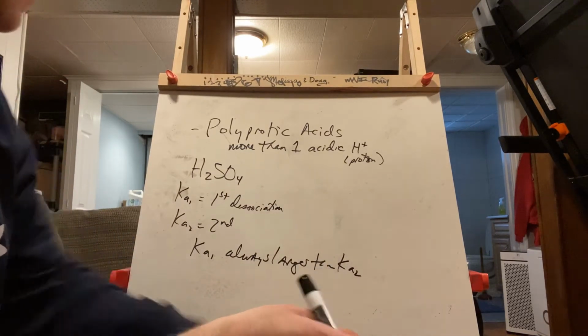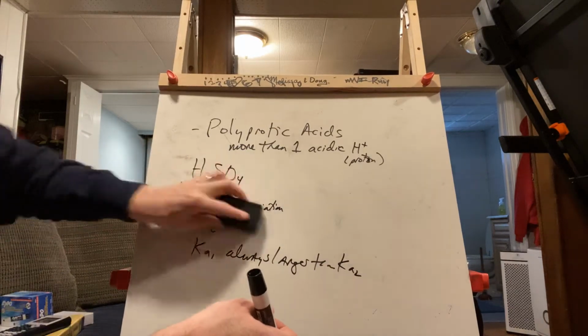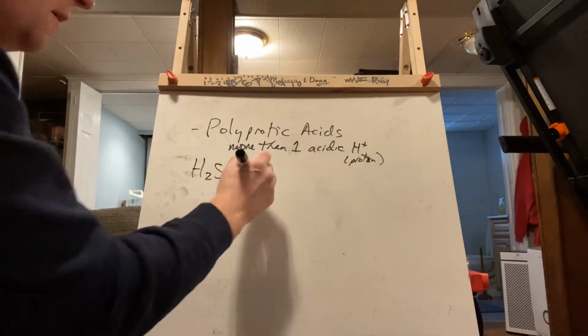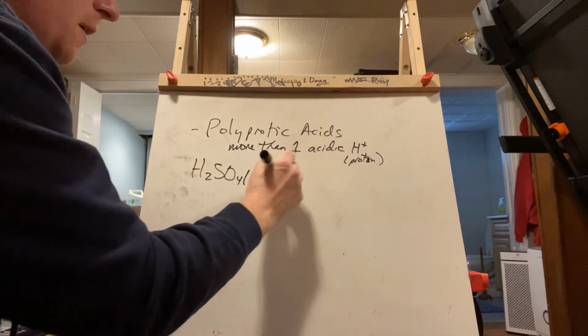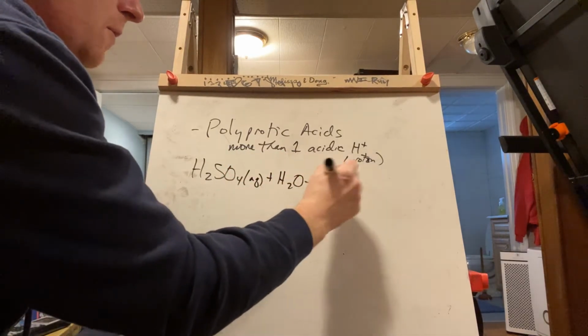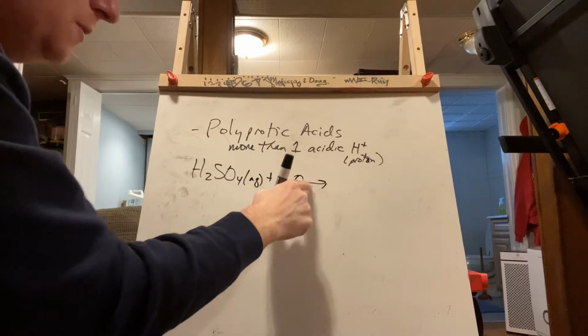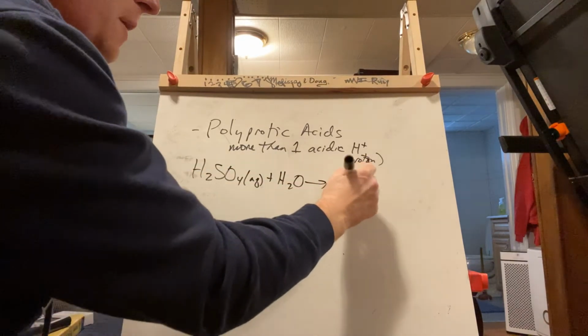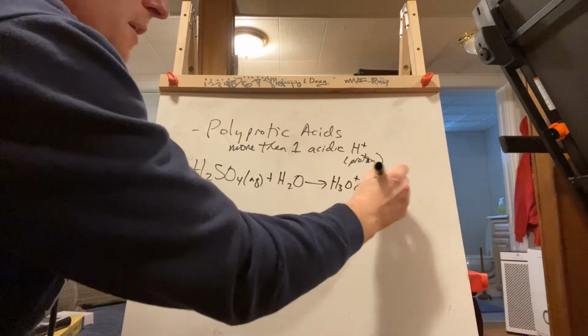So H2SO4, what's going to happen is you are going to react it with water, and I'm drawing this single arrow so you can see this is going to be almost 100% this way, forming H3O+ (aq).